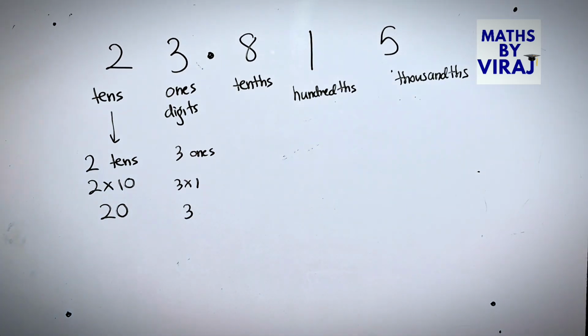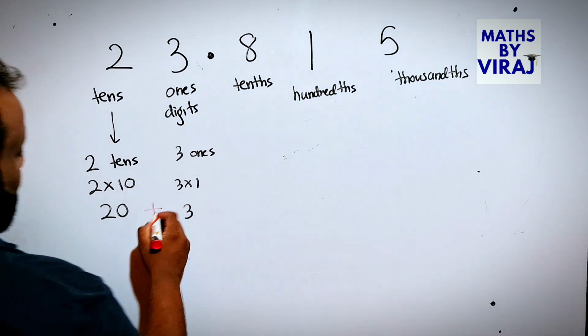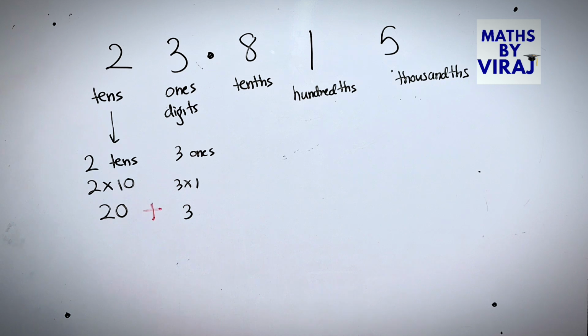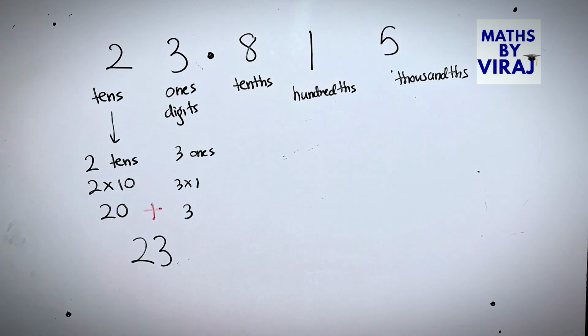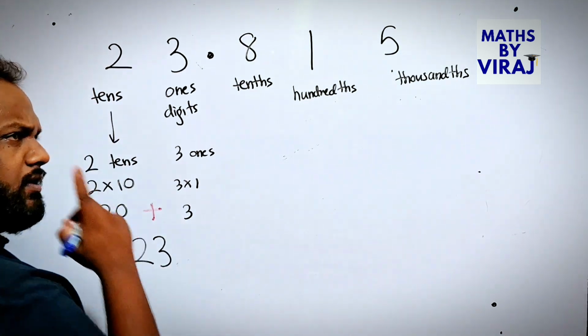Now let's take only these two numbers into consideration, and when we add them up, 20 plus 3 is what? 23. So when you add them both together, you get 23. But the issue, 8 tenths.